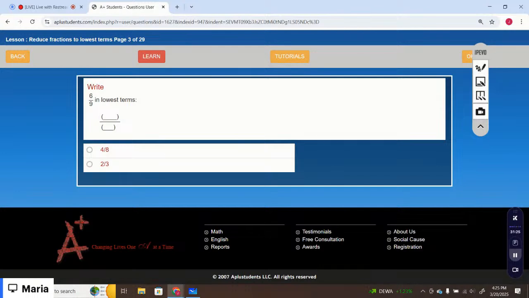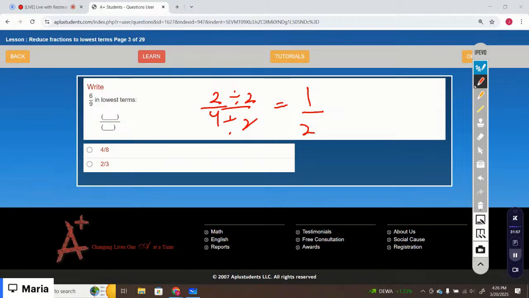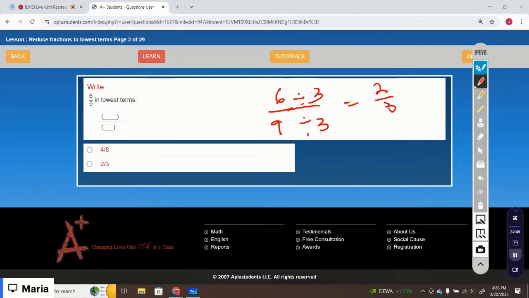6 by 9 in lowest terms. So which is the correct option? That is 6 over 9. Let's find a number that can divide both numerator and denominator. That is 3. Let's divide them by 3. 3 times 2 is 6 and 3 times 3 is 9.